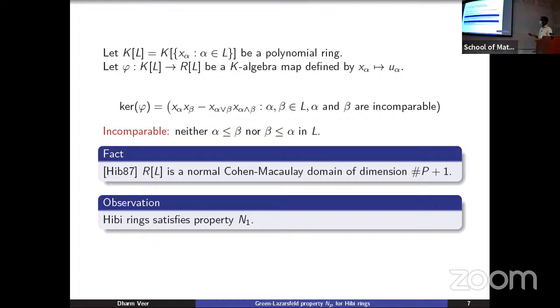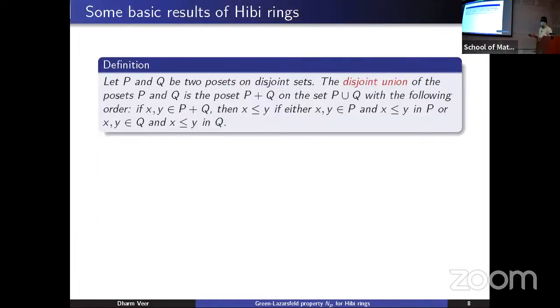Before that, I want to define the Segre product of two Hibi rings. So before that, I'll state some definitions from poset theory again. Let P and Q be two posets on disjoint sets. The disjoint union of the posets P and Q is the poset P plus Q on the set P union Q with the following order.